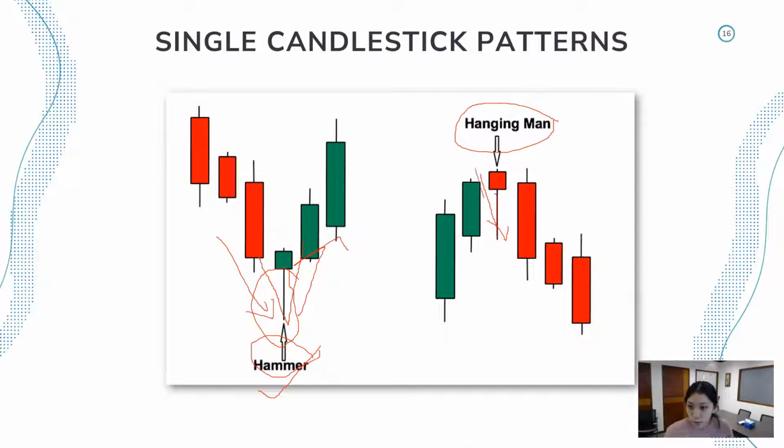So this long wick occurs here, but the bulls override and push it back up again, and it closes just slightly below the open price. So there's a small red body here. But between the two patterns, you can focus on finding the bullish hammer candlestick pattern for slightly better reversals.